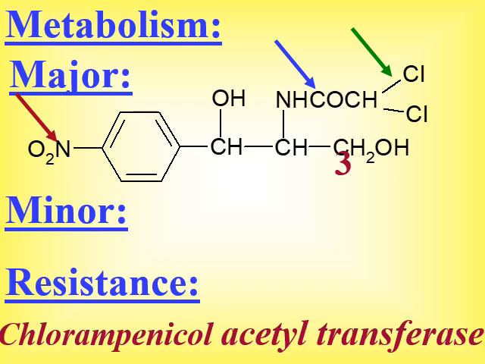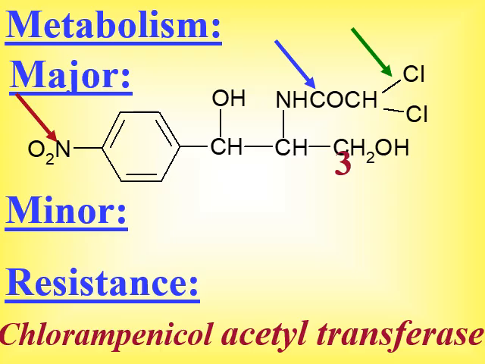So the major metabolism is 3-O-glucuronide, and the minor metabolism can be by reduction of the para-nitro group, or hydrolysis of the amide, or dehalogenation.